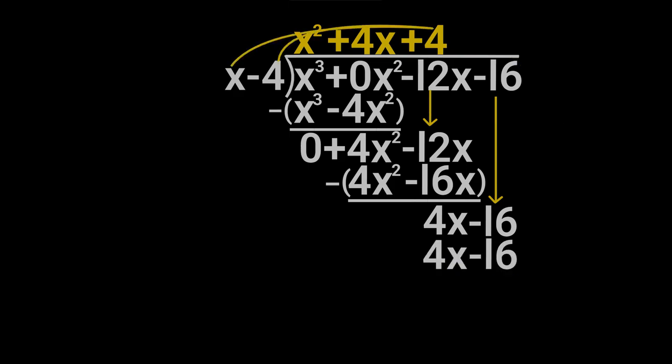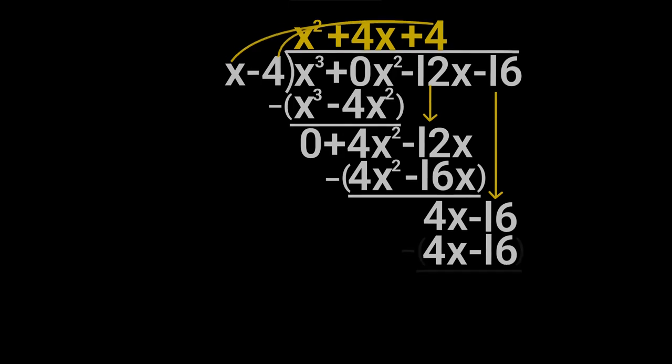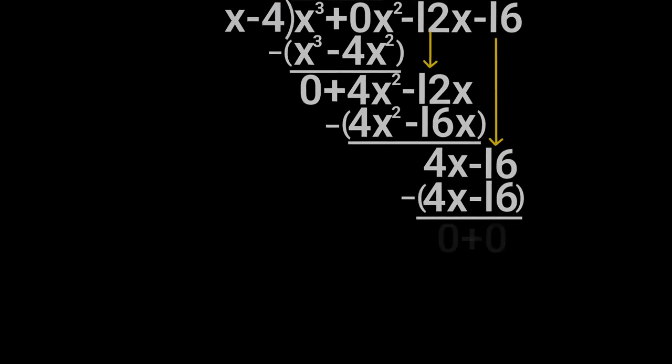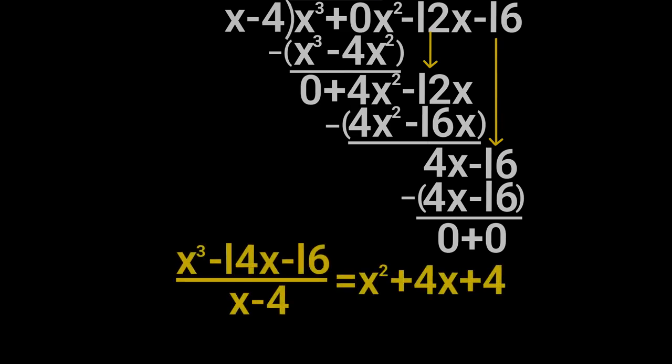So that will be 4 times x will be 4x, and then once we subtract, we got 0. Now that means we're done with this problem. We're gonna bring down the problem that we're trying to solve. That is this one. So the result is x squared plus 4x plus 4.